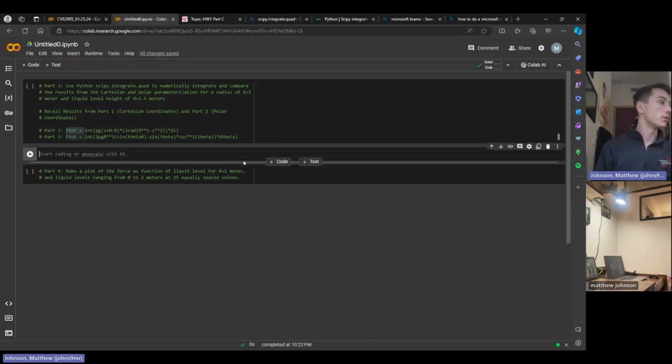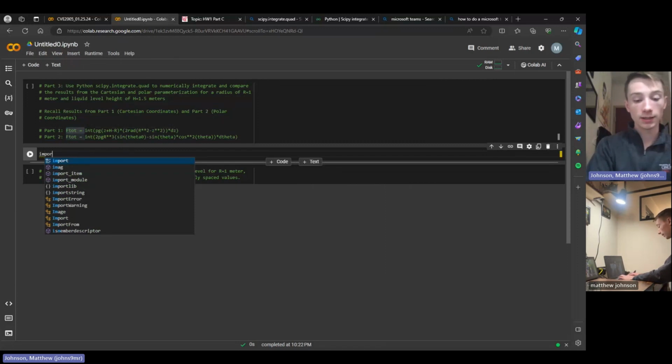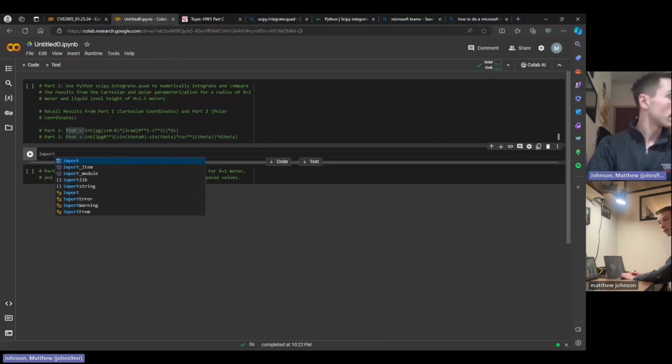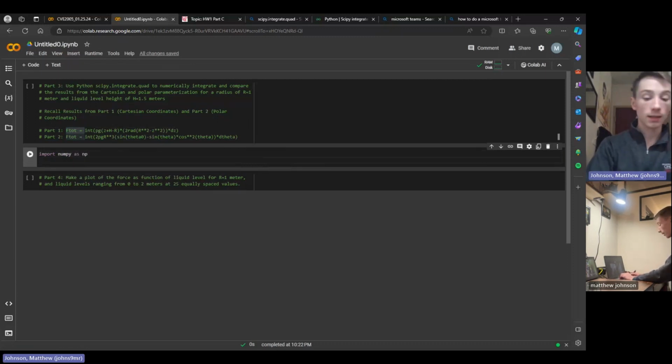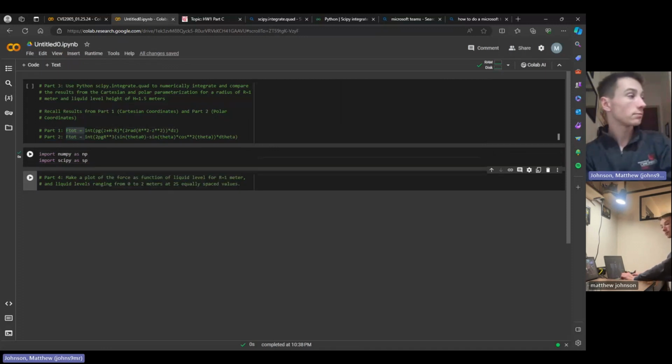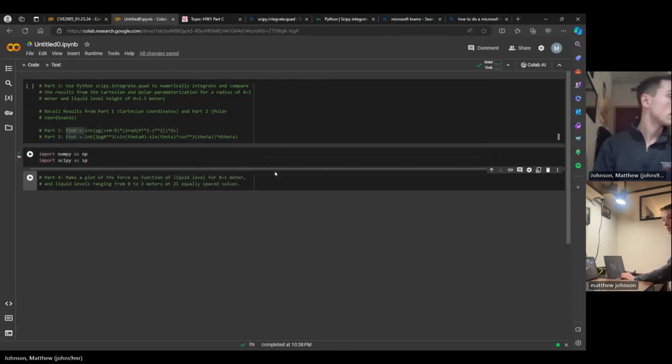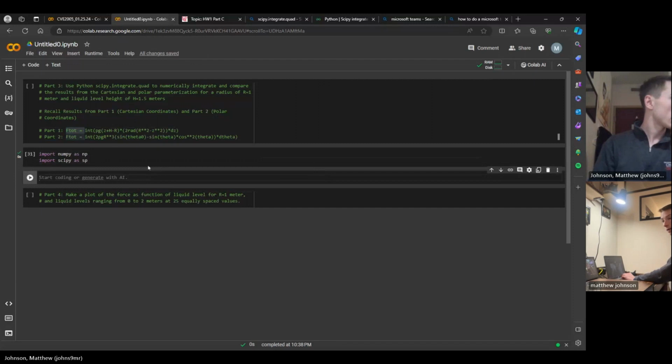So the first thing we're going to do is import numerical Python and scientific Python. That's going to help us greatly. So we're going to import numpy as np, and then we'll import scipy as sp. And then I think with that we can get started.